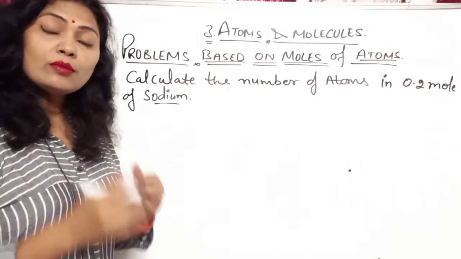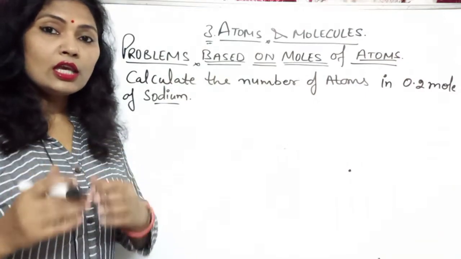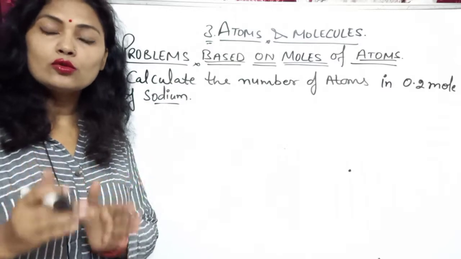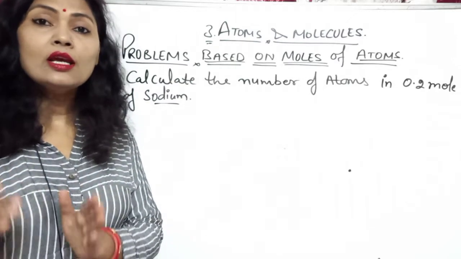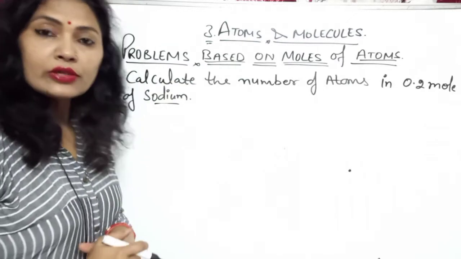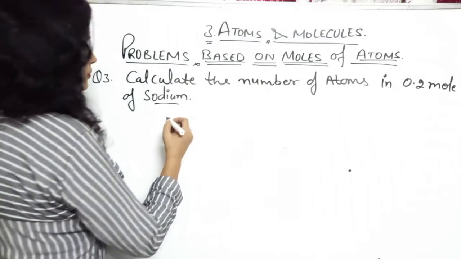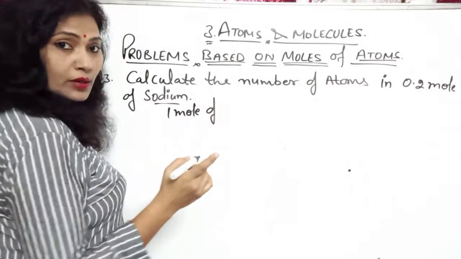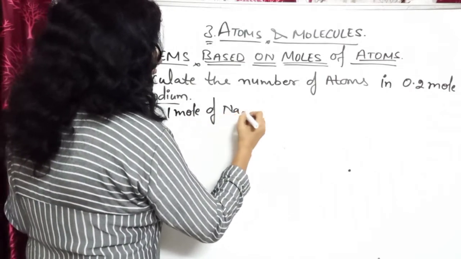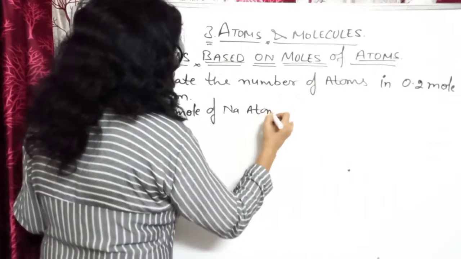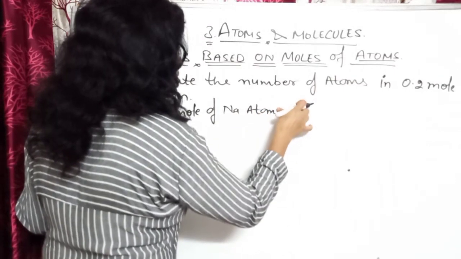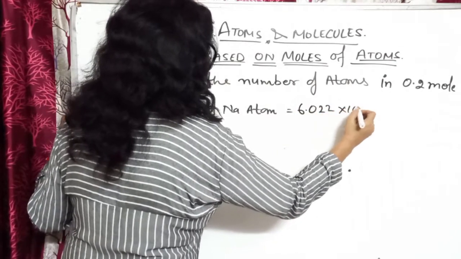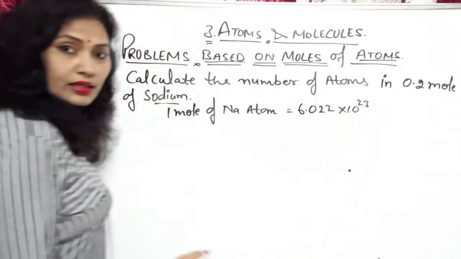You know that the number of atoms of an element in one mole is equal to 6.022 into 10 to the power 23. So you can write that 1 mole of sodium atom, Na atom, equals 6.022 into 10 to the power 23 atoms.